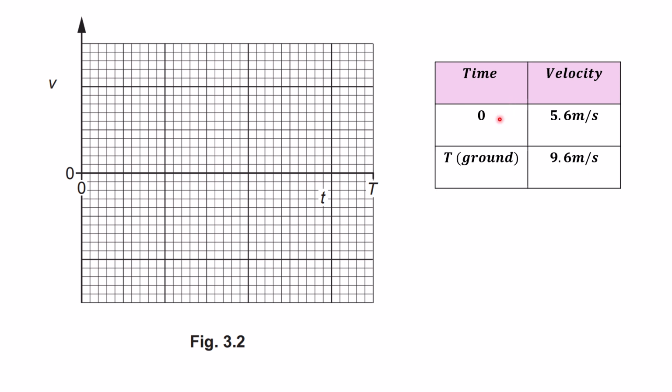So now that you have time 0 and velocity 5.6, let's mark here, right? Consider that each little box is 1, and we have up to 10. So let's say this is 5.6. And at the time T, the velocity is 9.6. Again, this is 10, so it'll be a little bit less than that. Now you have those 2 points on the graph, and you can easily draw a line connecting them.